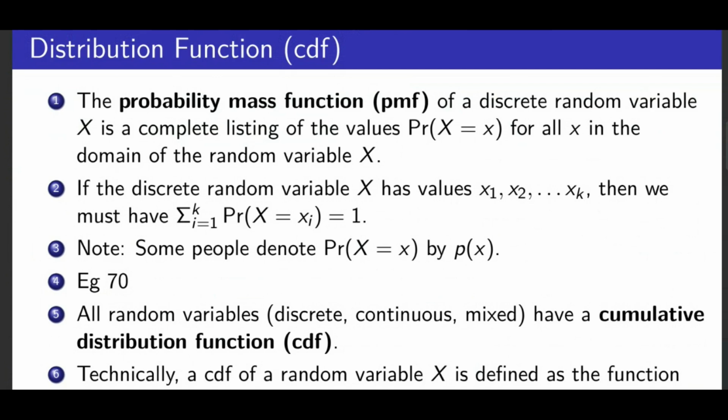It can be given as a table, like example 66. It can also be given as a formula, like example 67. But anything that describes the probability of each value of the random variable in the range is called a probability mass function. The term PMF, probability mass function, is used when the random variable is discrete.